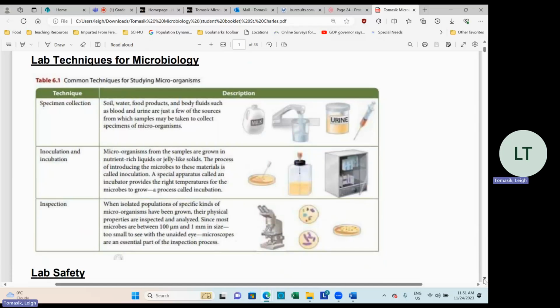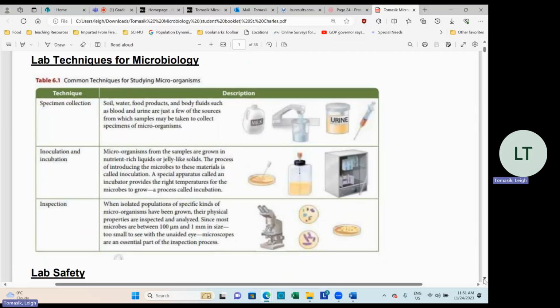Inoculation and incubation. So when you get a sample of a microorganism, there might not be very many of them there, which makes them difficult to study. So what we do usually is we find an environment that the organisms like to grow in.